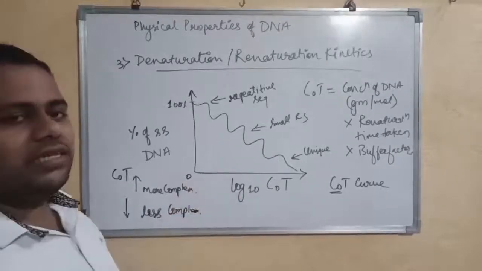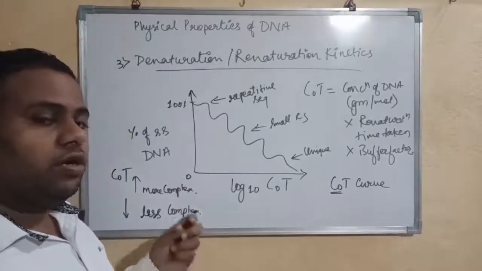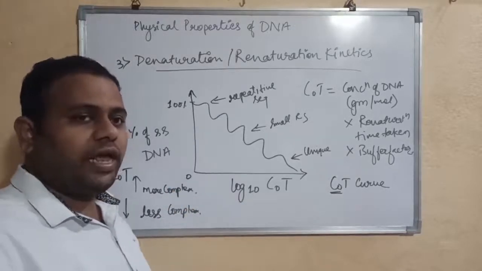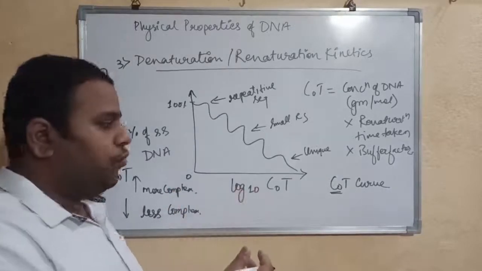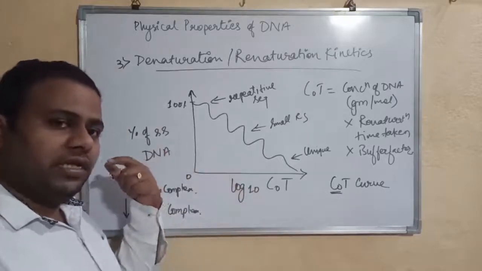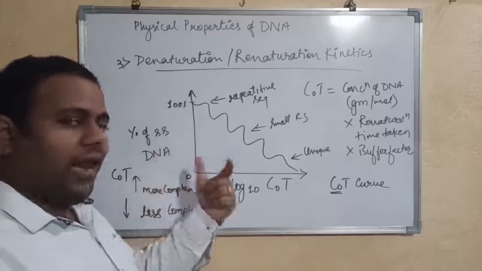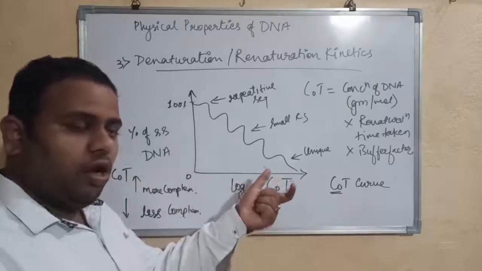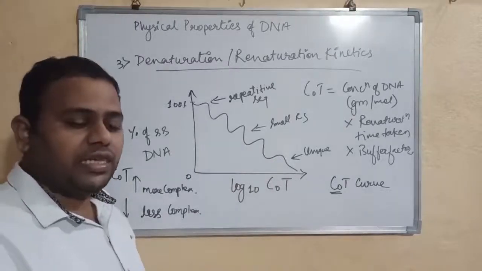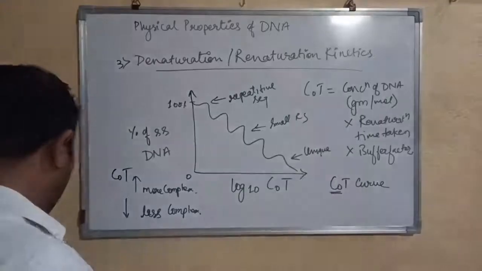So the COT analysis also helps in determining the complexity of the DNA, the evolutionary relationship of the DNA, and how the DNA has evolved. We can compare the DNA of the same species from earlier in history with the DNA of the organism present now. So using the COT curve analysis, we can say how the DNA of a particular species is evolving.